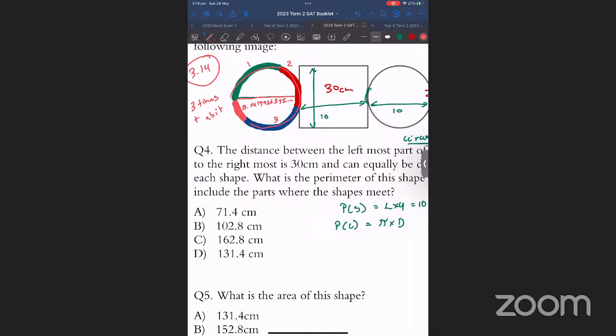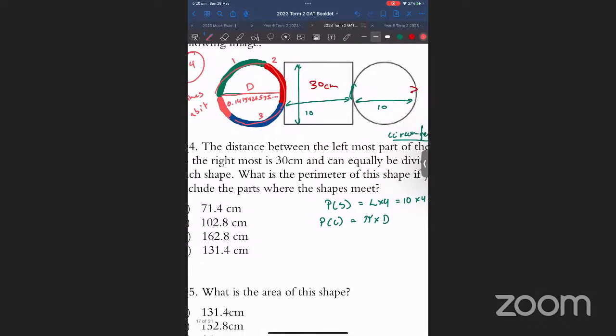So 3.14 is how many times the diameter, this thing here, goes around the circle. We can just say that the perimeter or circumference of the circle is pi, the number of times it goes around, multiplied by the diameter. Do you guys understand?